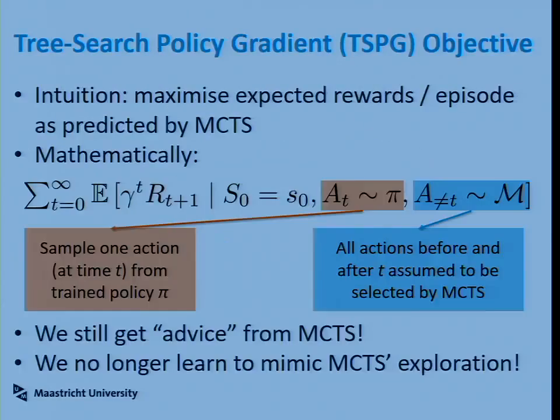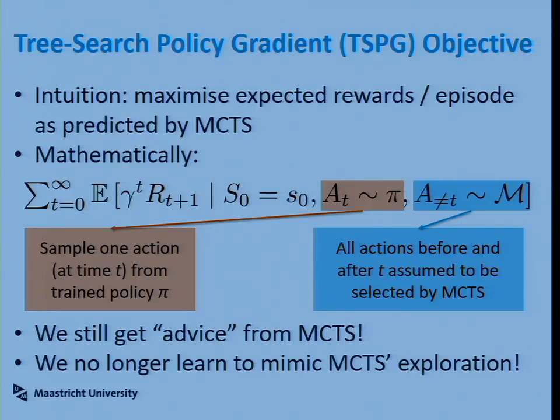So now we are moving on to a different objective function which we propose in this paper, the research policy gradient objective. And the intuition behind this objective is that we want to maximize the expected rewards that we gather over our episodes, but we want to maximize the ones as predicted by MCTS, so not the rewards that we actually obtain, but just what MCTS predicts for us.